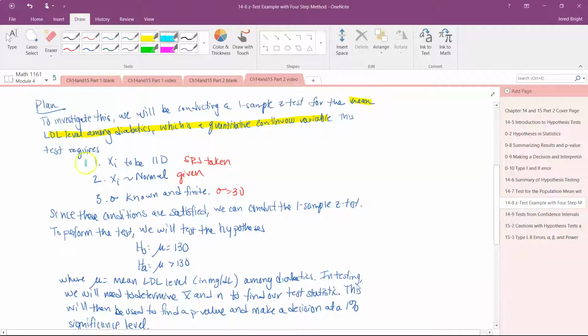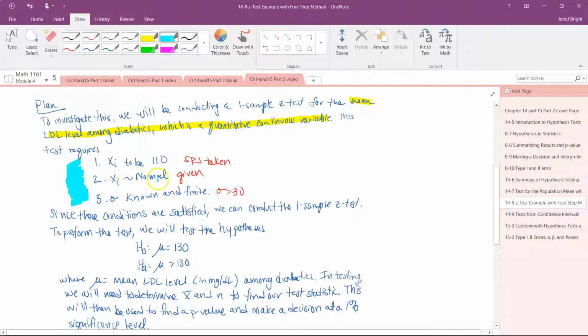Next, whatever approach I identify, so one sample z-test, I need to state the requirements and check that they're satisfied. So I state the requirements, and then in red I stated why they are met. For IID, it mentions an SRS is taken.